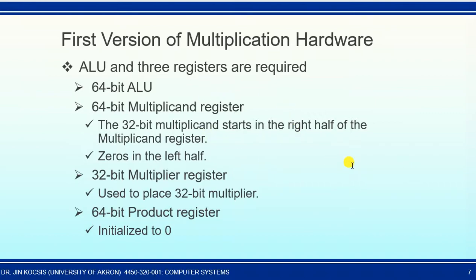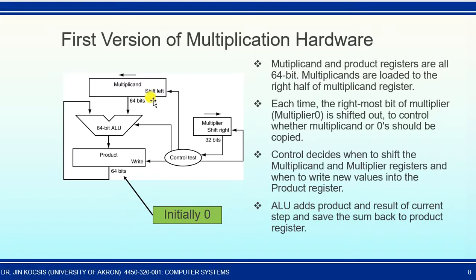So you already initialize the right half of your multiplicand register as the original multiplicand. How about the left half? For the left half, you just put zeros there. And similarly, you will initialize the product as zeros. I hope this is clear.